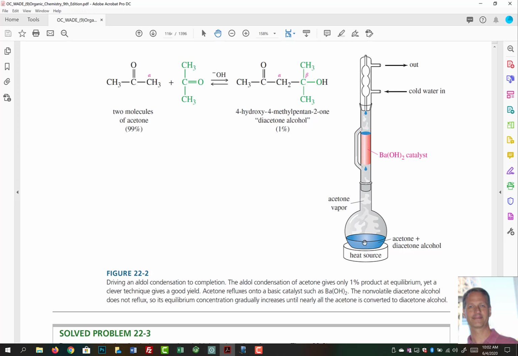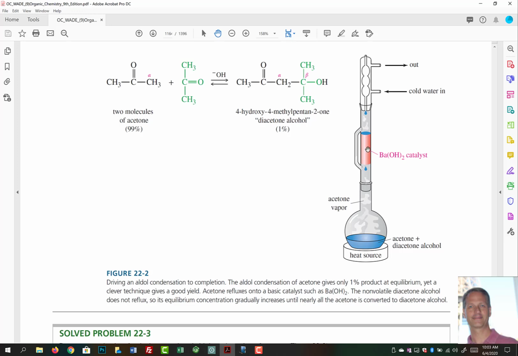And then you have a heat source, so the acetone starts to distill, essentially. You start boiling it. It boils up here, and of course some of it touches here, but it has a little sidearm where it comes around, and then you have this inlet where you have a jacketed condenser that's running cool water through this. So the acetone condenses, and then it drips back down, and it's bathed through this barium hydroxide.